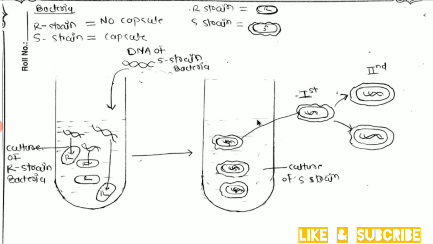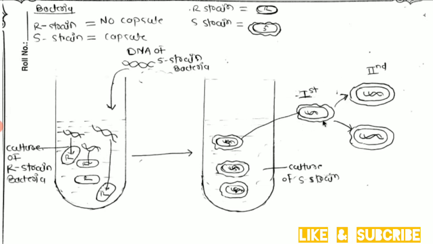Now our question is that DNA, genetic material, transfers from one generation to the next generation. What is the answer to this question? This is an S bacteria, and it contains the DNA of S bacteria.